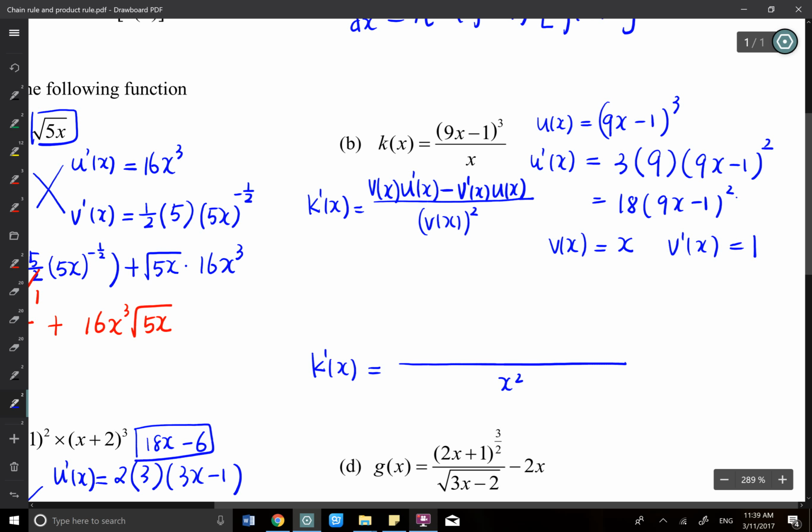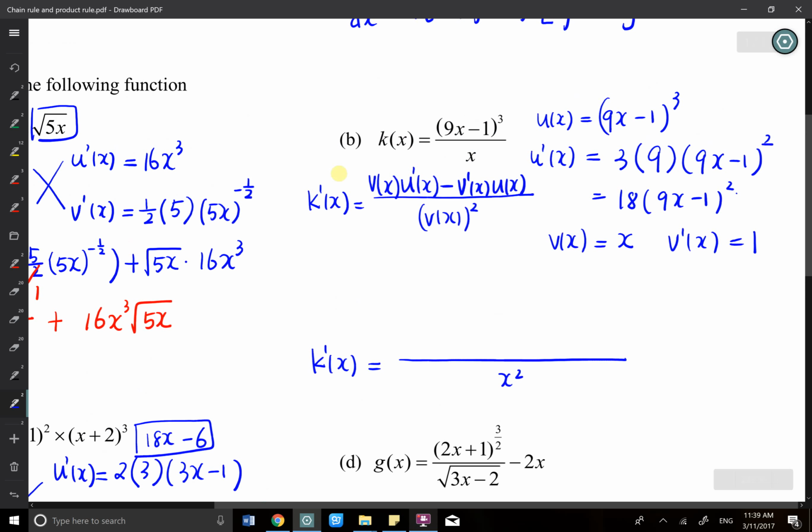And then we have v(x), which is x, times u dash x. u dash x is 27 times that, so it's 27x times (9x minus 1) squared. And then subtract v dash, which is just 1, times u(x). So minus (9x minus 1) cubed.